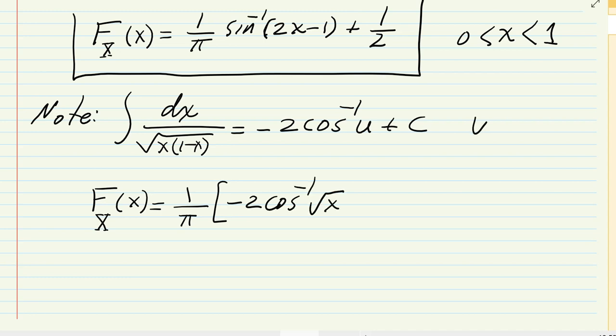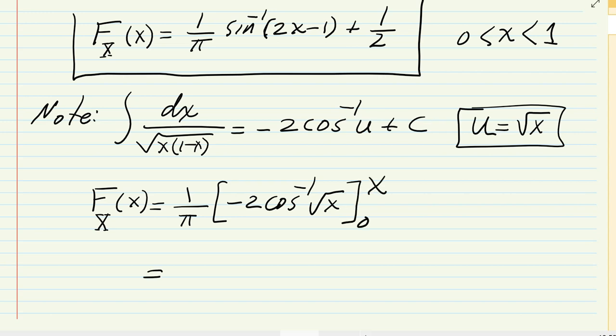And here u is square root of x. Again, in my video, linked in the comments, I've shown this to be true from 0 to x, and this gives me -2 over pi, factoring the -2 out, and then I have arc cosine of root x.